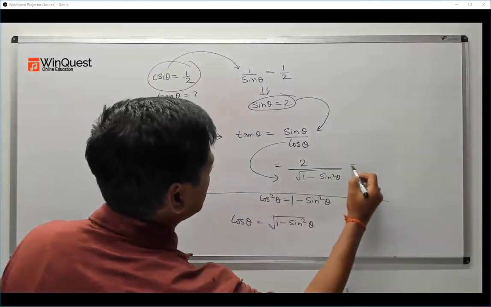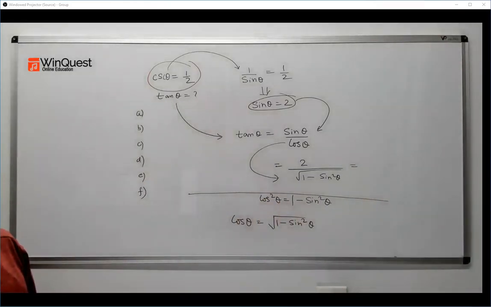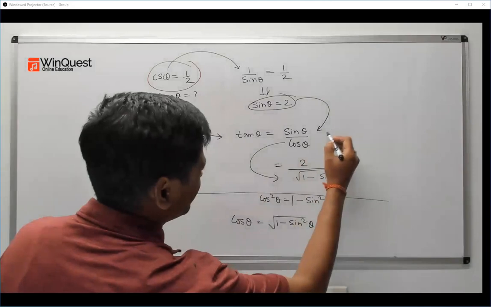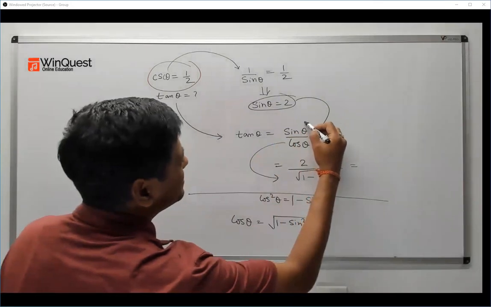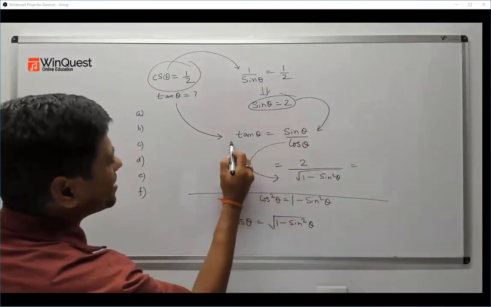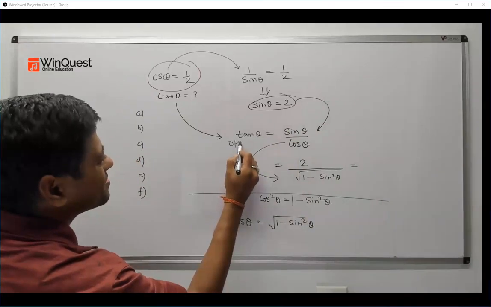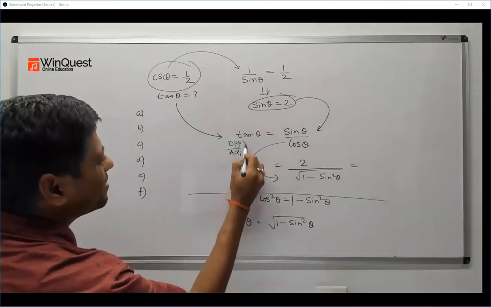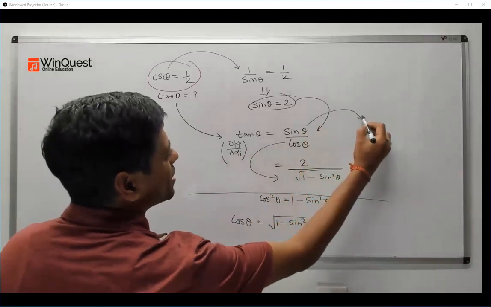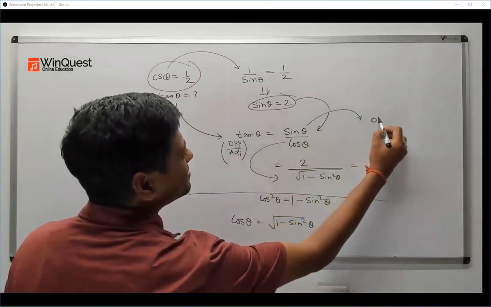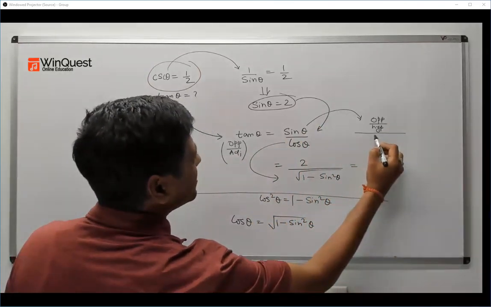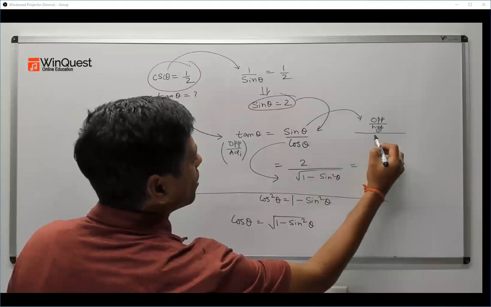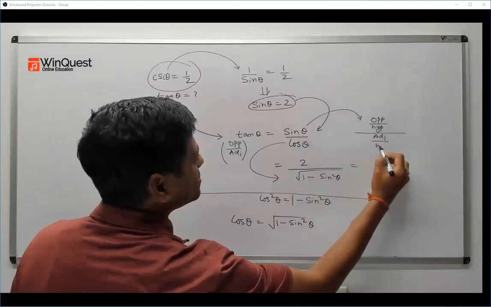Can you explain that part where you said tan theta equals sine theta over cos theta, equals 2 over root 1 minus sine square theta? Tan theta is opposite by adjacent. Sine theta is opposite by hypotenuse, and cos theta is adjacent over hypotenuse.